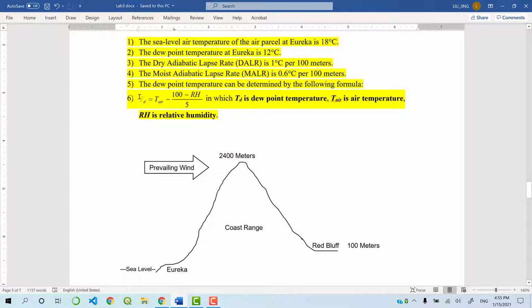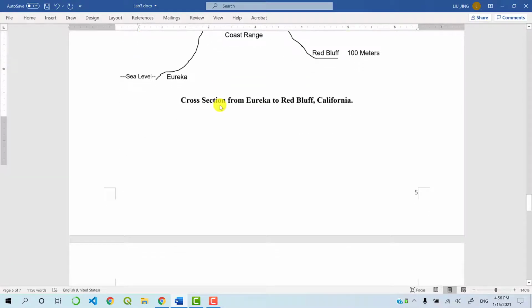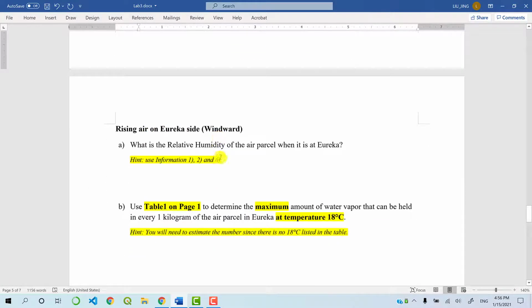The dew point temperature can be determined by the formula, in which TD is dew point temperature, Tair is air parcel temperature, and RH is relative humidity. So you are going to answer those questions. One thing is very important: follow the order.